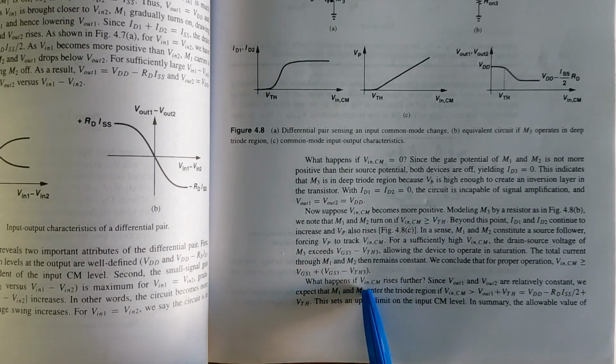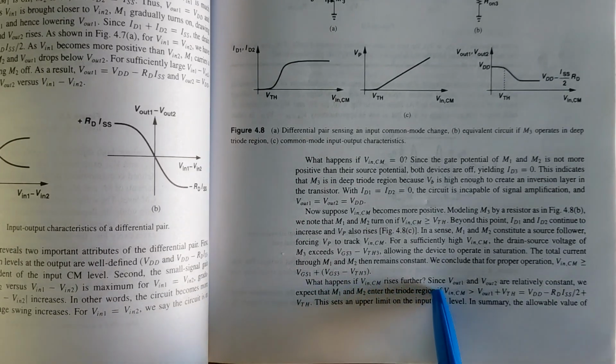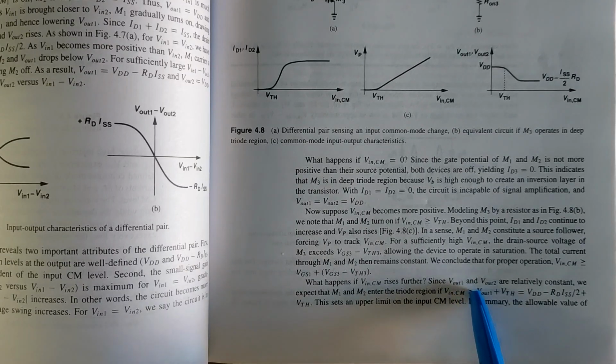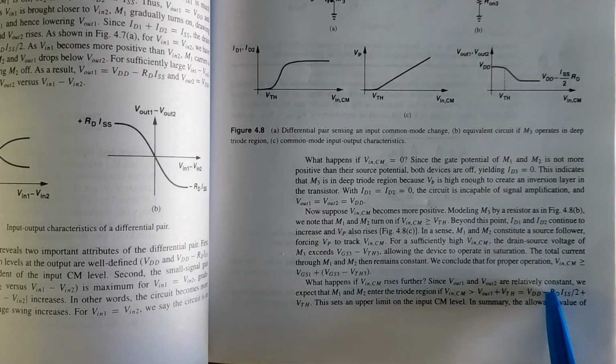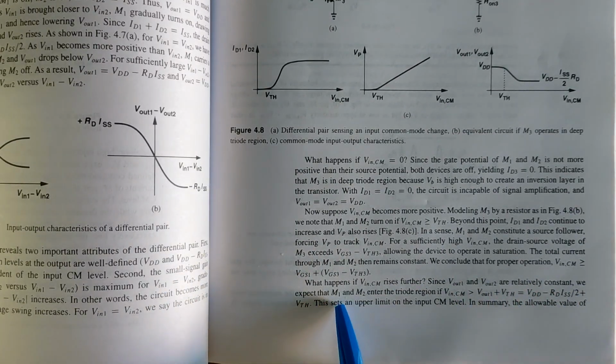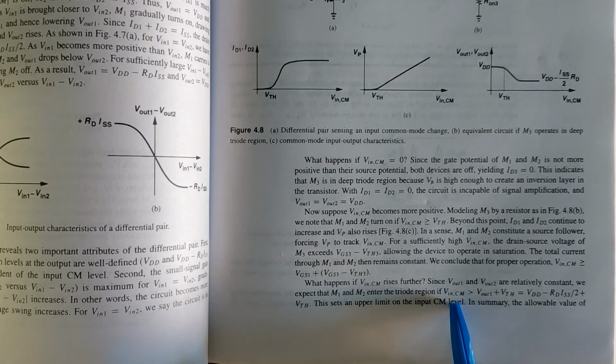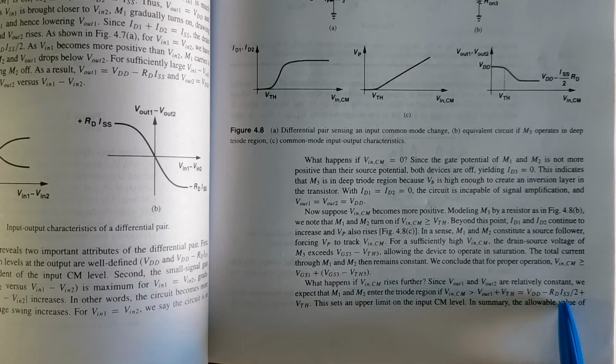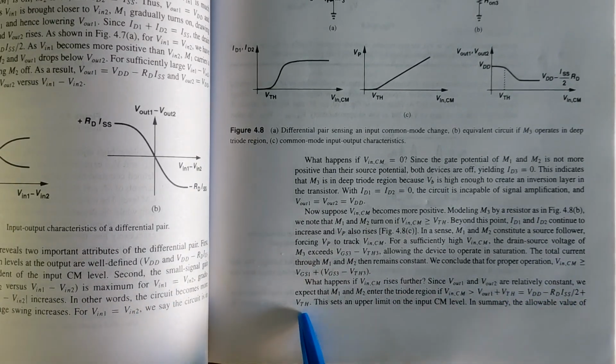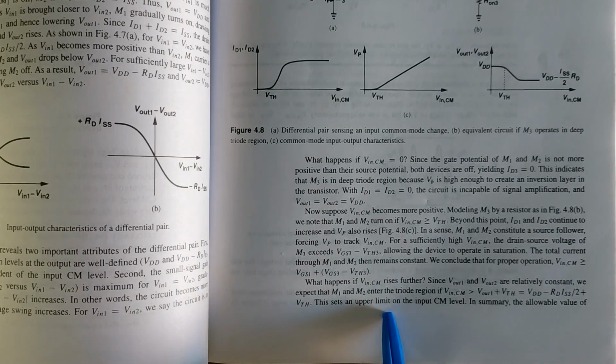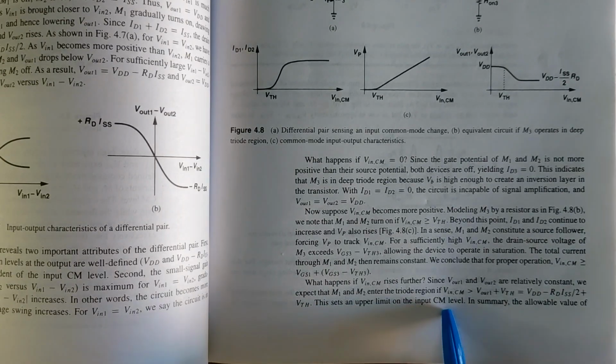What happens if Vin,CM rises further? Vout1 and Vout2 are relatively constant. We expect that M1 and M2 enter the triode region if Vin,CM is greater than Vout1 plus VTH, equal to VDD minus RD ISS by 2 plus VTH. This sets an upper limit on the input CM level.